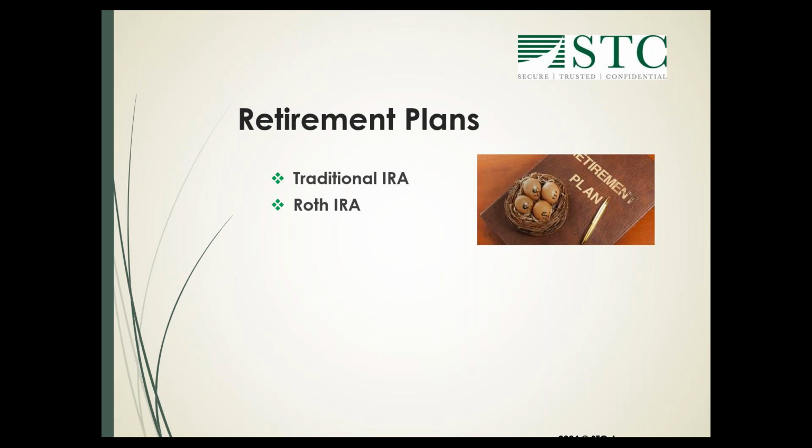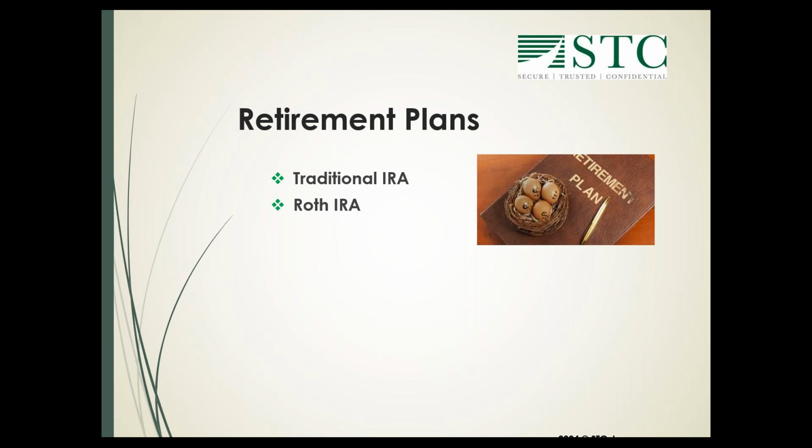But the biggest difference is whether your contribution is pre-tax or post-tax. So with a traditional IRA, like most retirement plan contributions, your contribution is pre-tax. In other words, you get to deduct the amount of your contribution for that year from your taxable income. So you won't be paying taxes on that contribution.